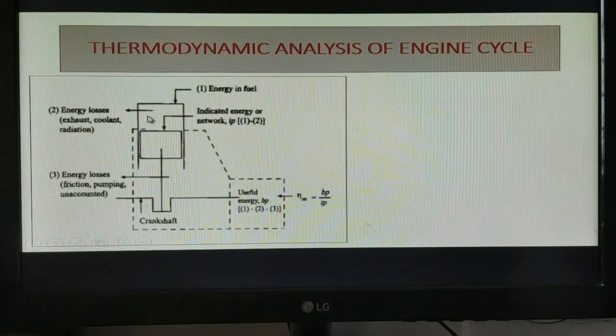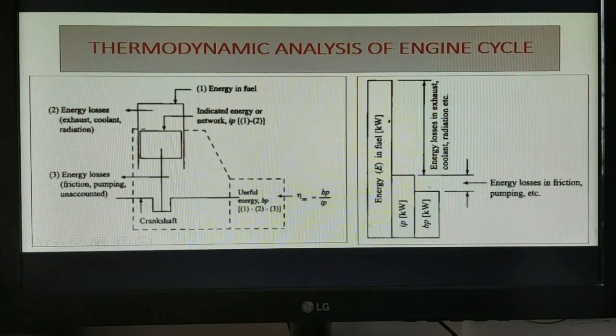And this indicated power is less than the energy in fuel by the amount of these losses. Then from that indicated power the piston will push down, and the power that we are getting at the crankshaft is the brake power, and brake power is less than the indicated power by this amount, that is the friction power. So there is friction loss.